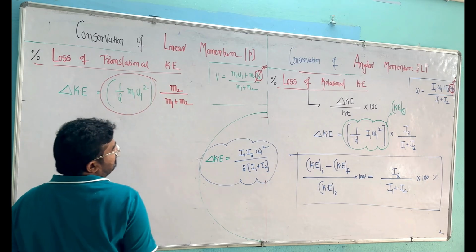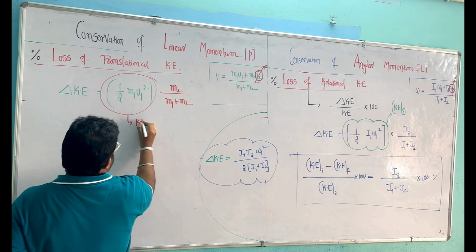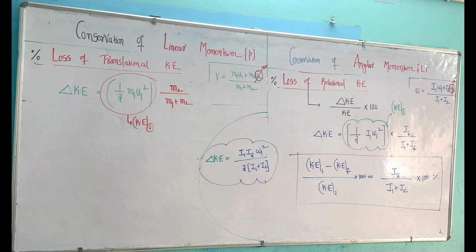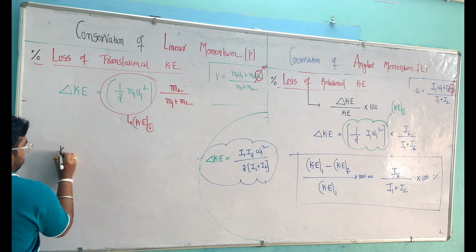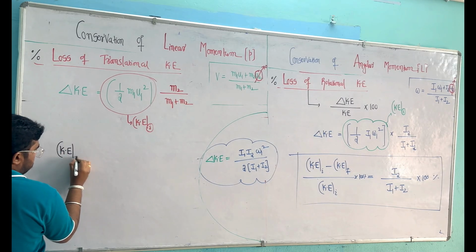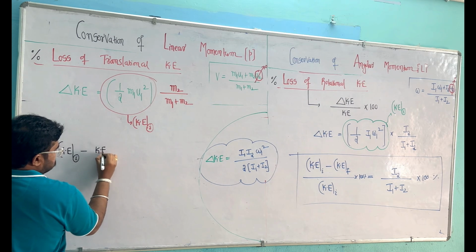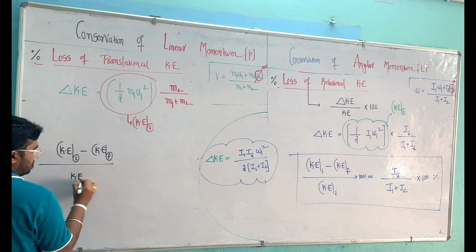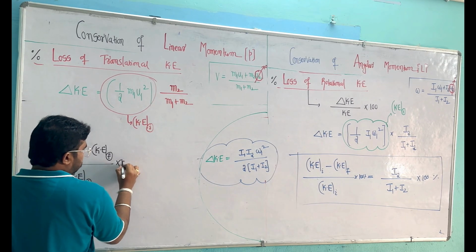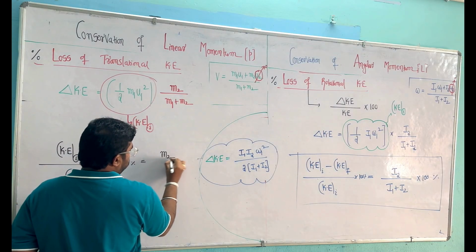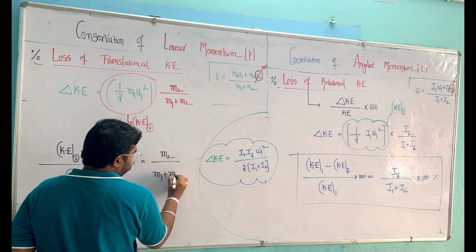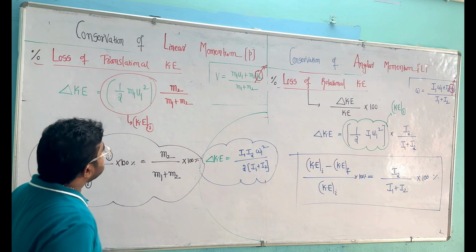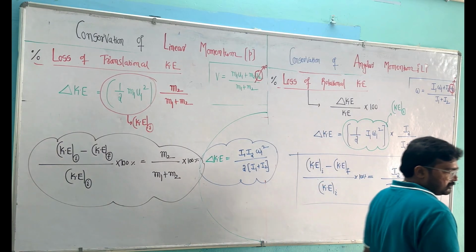This is the initial translational kinetic energy. Understood? Delta kinetic energy can be written as kinetic energy initial minus kinetic energy final, by initial, into 100 equal to how much? m2 by m1 plus m2 into 100. That is in terms of percentage.